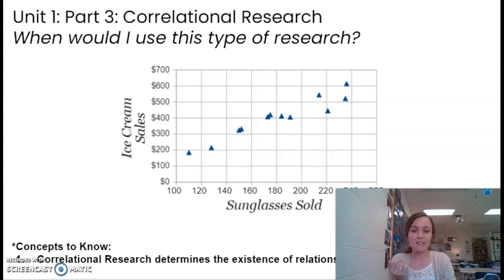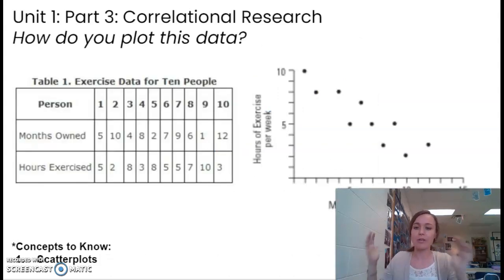And what this means is that they're related and they share some kind of commonality. But that doesn't necessarily mean that people who are buying ice cream are now sensitive to the sun and need to buy sunglasses. What this is showing us is that they are rising at the same time, and they happen to be rising in the summer months when it's hot.